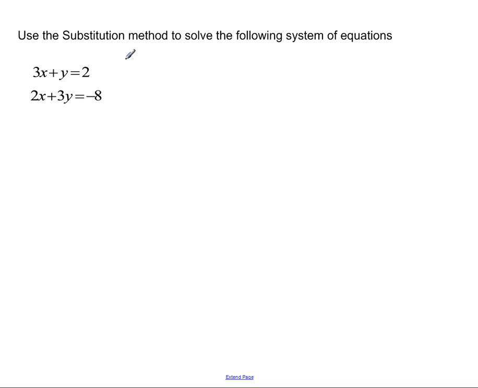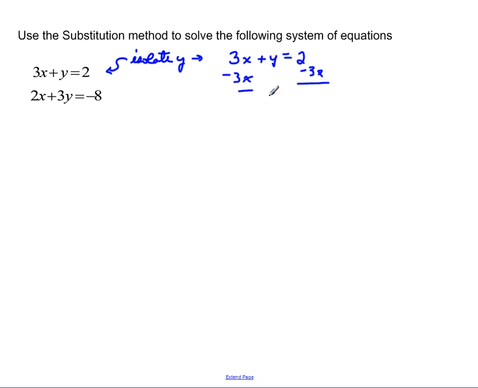If we look at that first equation, we see that it's easiest to isolate y in the first equation. So let's do the algebra here first. We're going to take 3x plus y is equal to 2. And to isolate y, we would be subtracting 3x from both sides algebraically.